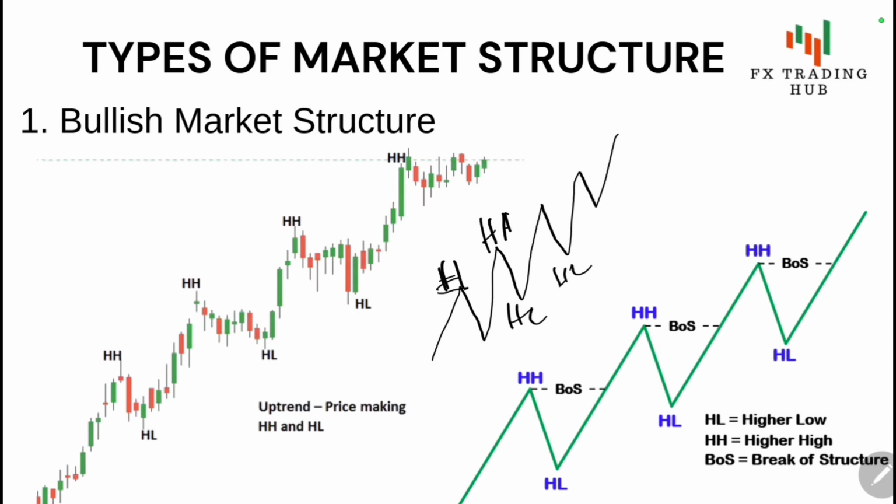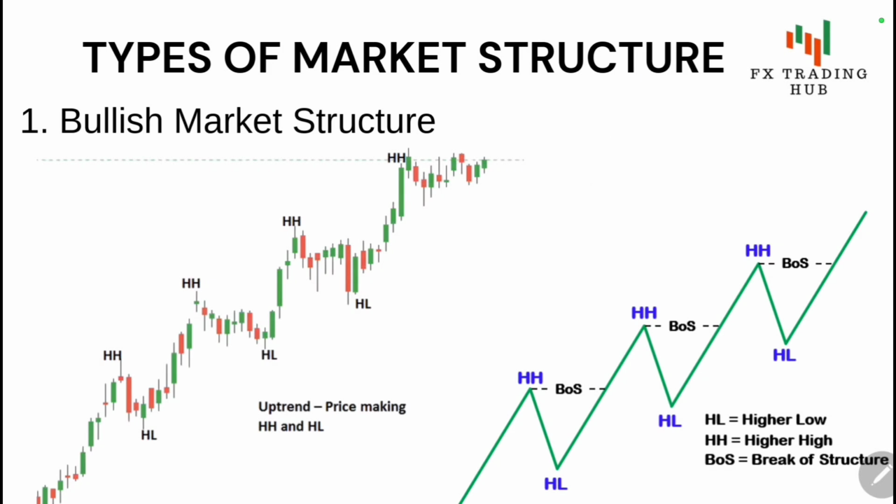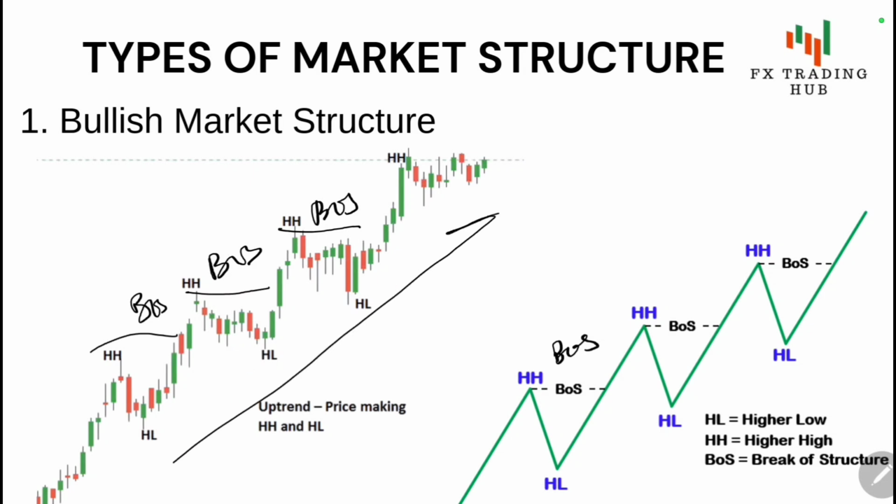You just need to know if the market is making higher highs and higher lows. When the market makes a higher high, it breaks structure. You have the break of structure here, here, and here. When the market breaks structure to the upside, the market is on an upward trend.